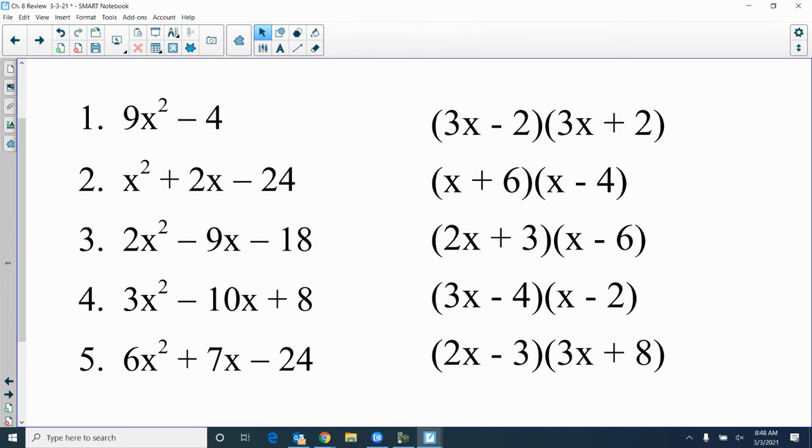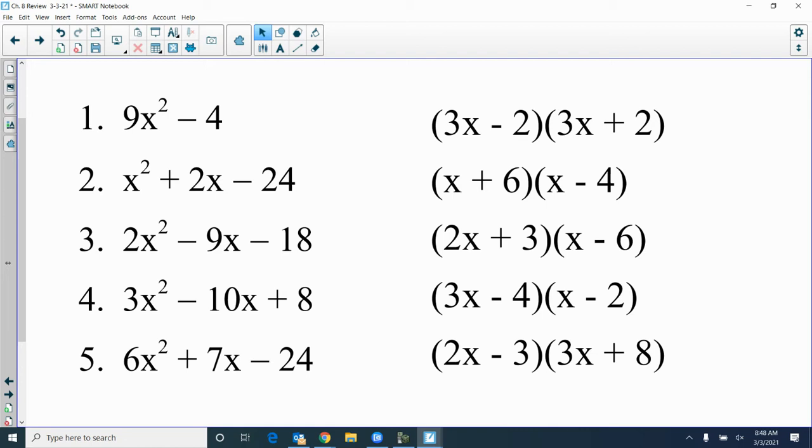Who remembers? That second symbol tells me what about my two numbers? Zach? Only one of them is negative, so I'm going to have different symbols over here. This symbol tells me what? Zach? The bigger number is going to be the positive one. So it's plus 6 minus 4.